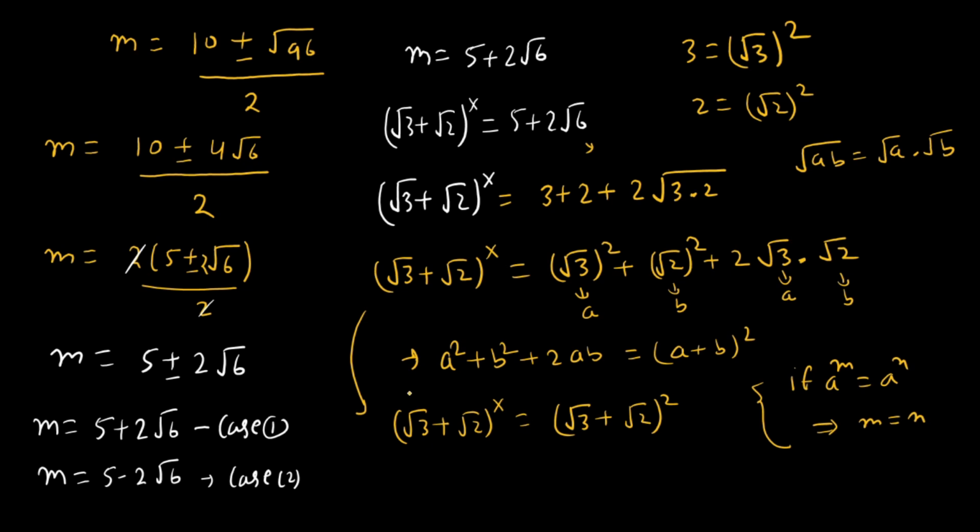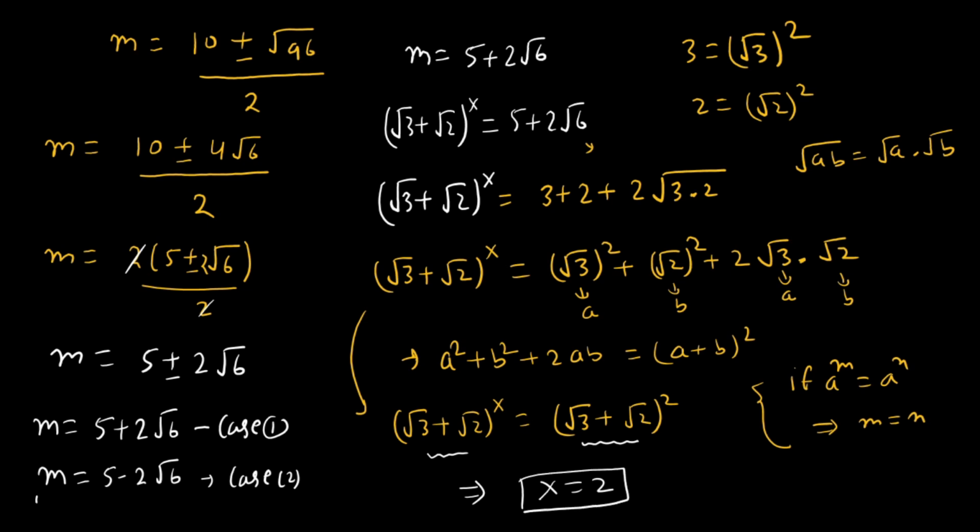By using this rule, the base is the same, so the power is also the same, then the value of x is 2. Here the first solution is x equals 2.